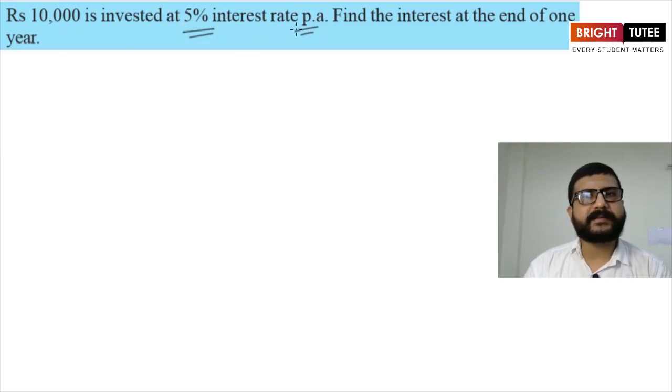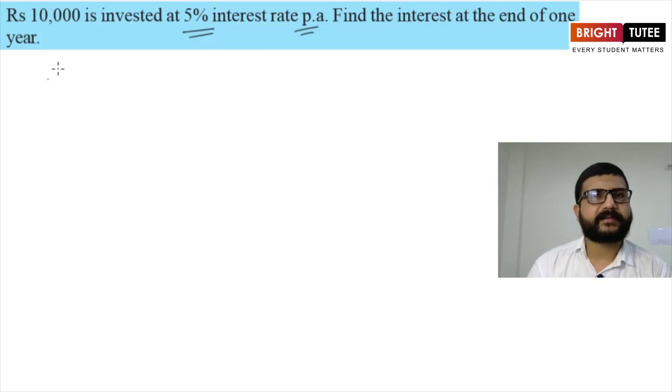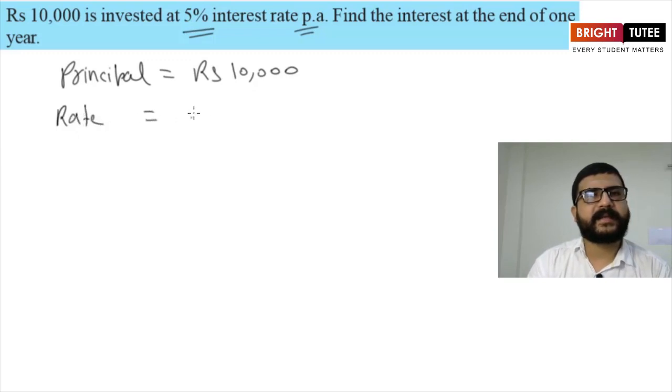We have to find the interest at the end of 1 year. So here the principal is rupees 10,000. What is the rate? Rate here is 5%. Now we have to find the interest.